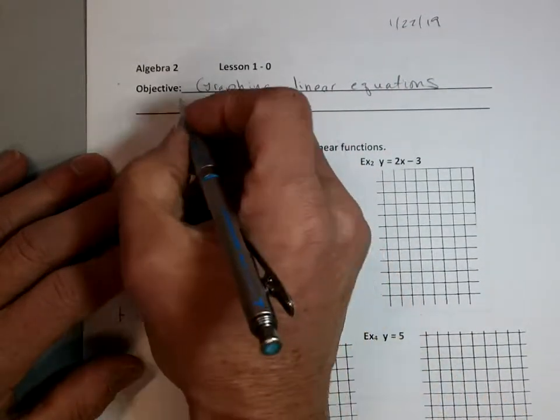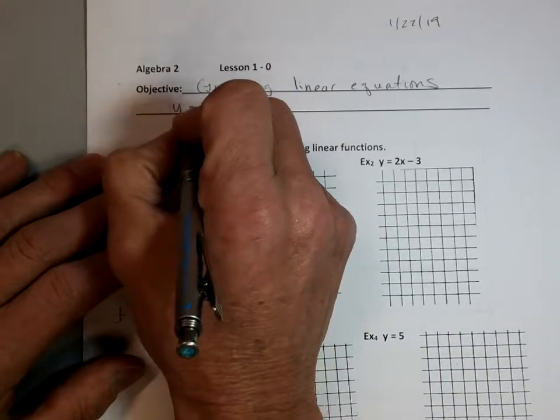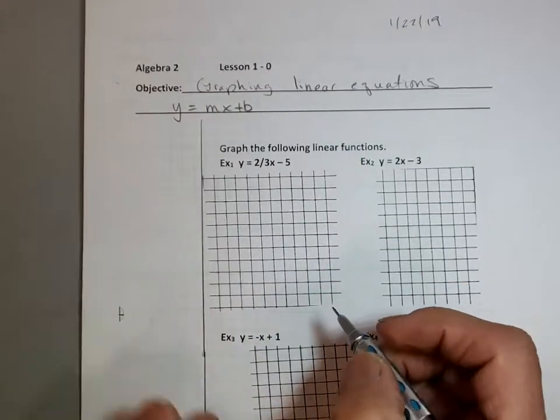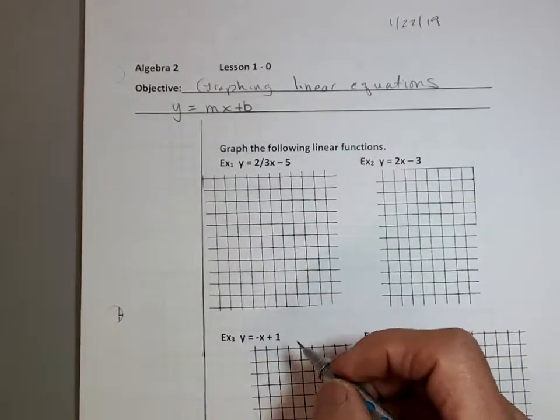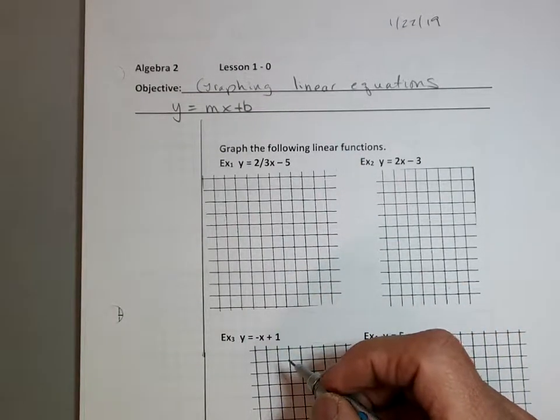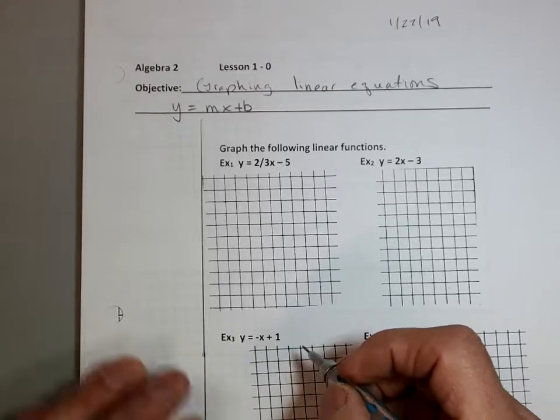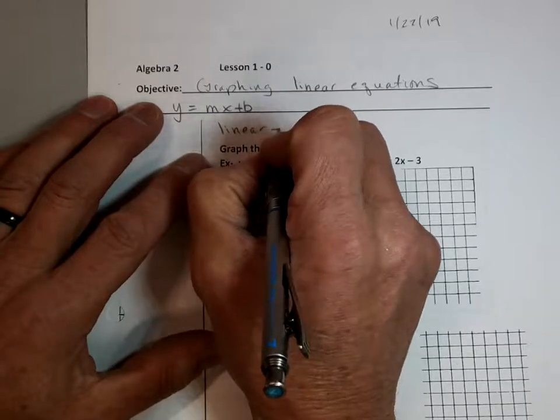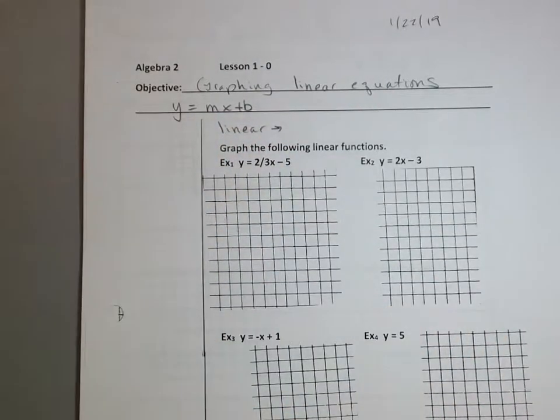We need all of our lines to be in the form of y equals mx plus b. The term linear means line, but you got to be careful. Line, linear, it looks like the word line.